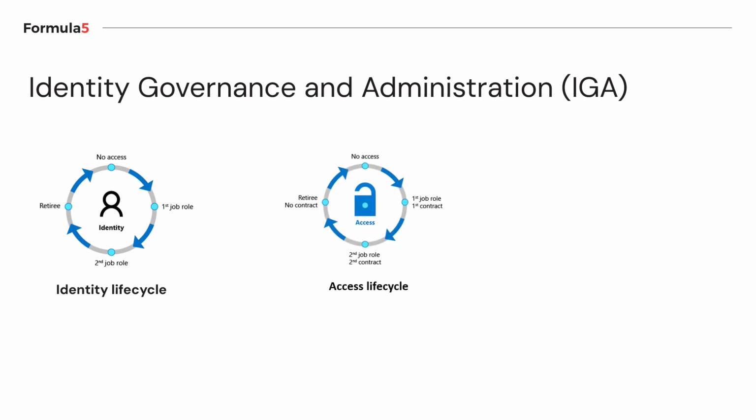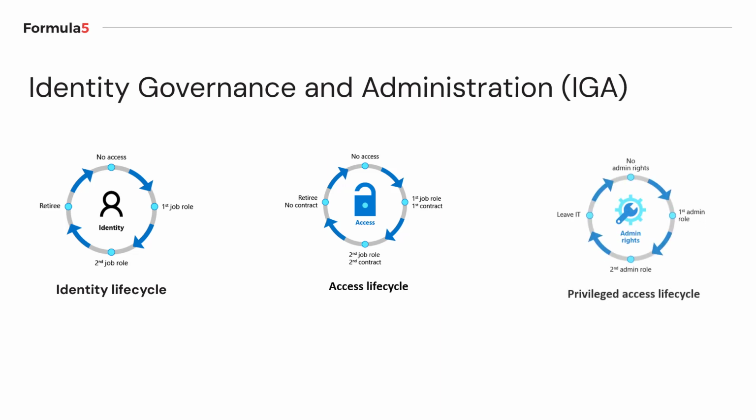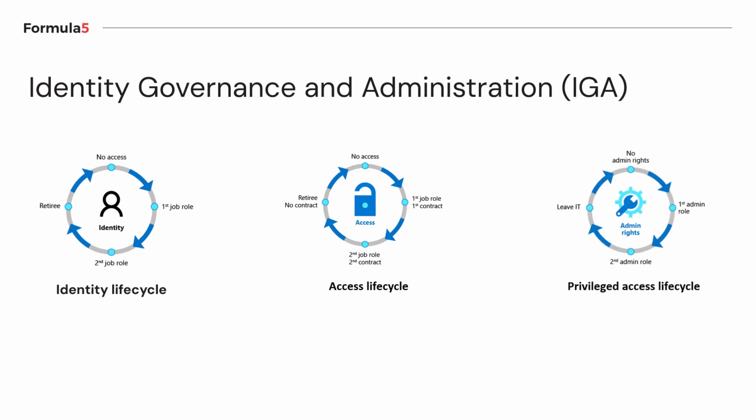There is also access lifecycle, which resources a user has access to in different roles, or sometimes we want to grant access to only specific resources under a specific job role. And obviously privileged access lifecycle. It's more about the roles assigned in Microsoft Entra ID and potentially Azure subscriptions. In this case, we can control those roles and we can assign them.